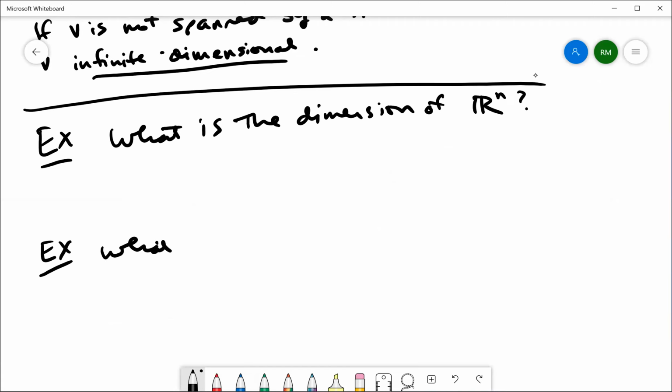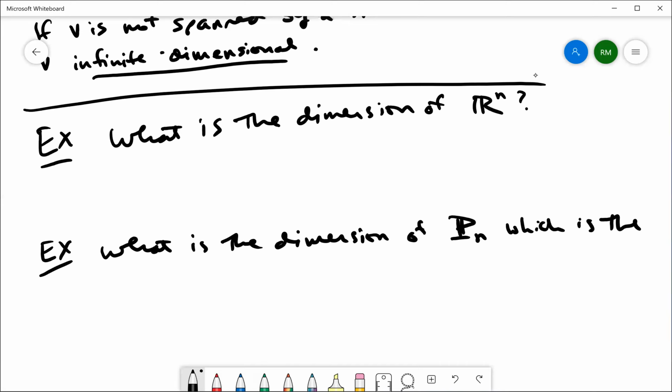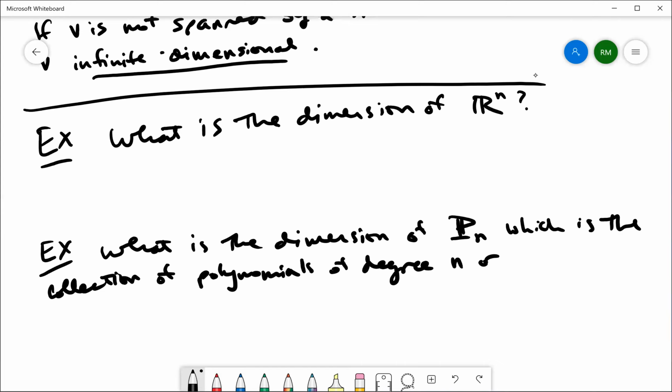And what is the dimension of P sub n, which is the collection of polynomials of degree n or less? All right, so pause the video and go ahead and see if you can figure out what these dimensions are.